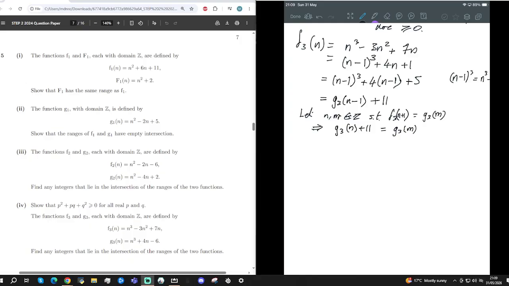Helpful? Maybe. So this is saying that 11 is equal to m cubed plus 4m minus 6 minus n cubed plus 4n minus 6.